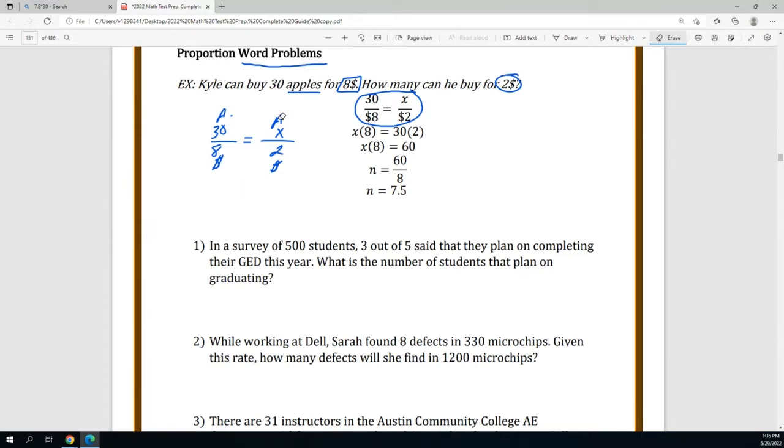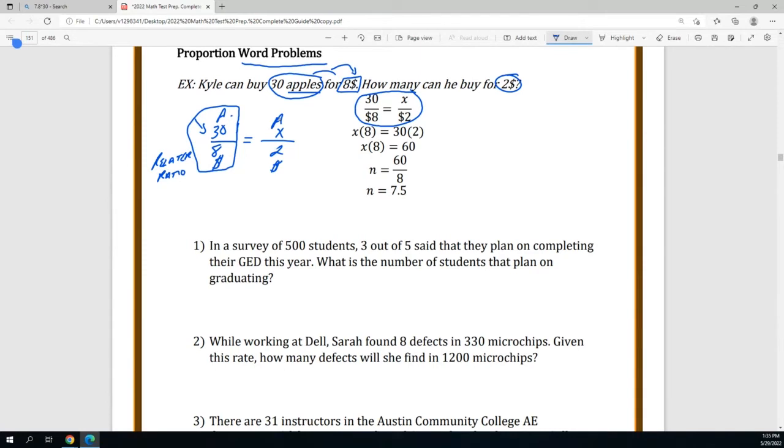Now, let me show you something else. When I put that 30 here, whatever ratio is here, whatever numerator and denominator I have over here, it has to be related. This has to be the related ratio. It has to be generated from this: 30 apples for $8.